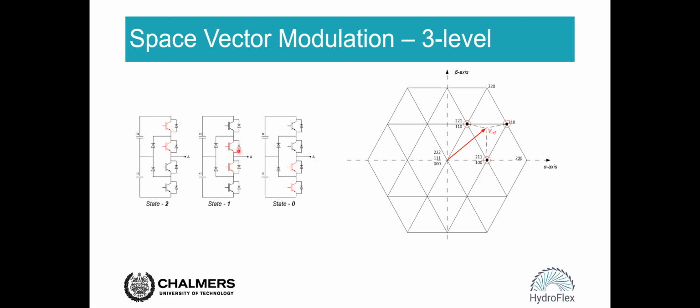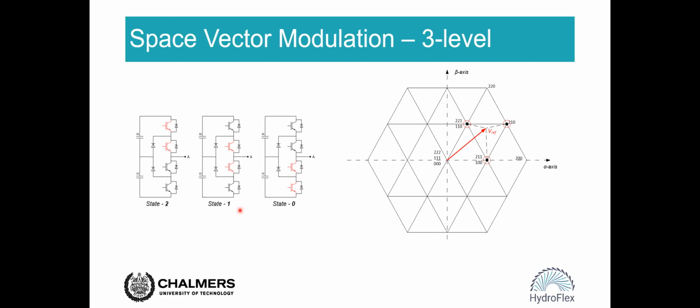If the switches in the middle are turned on, then we will get the 0 voltage, and we call it state 1. And if the lower switch in phase A is turned on, then we call it state 0.